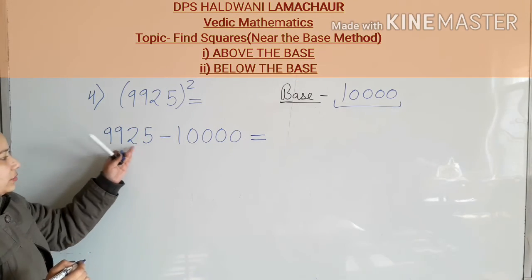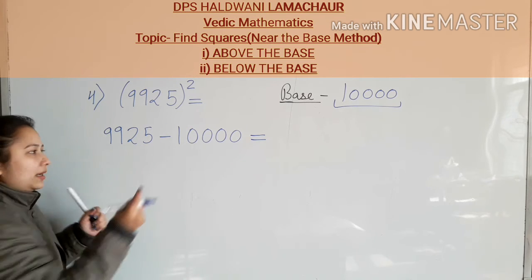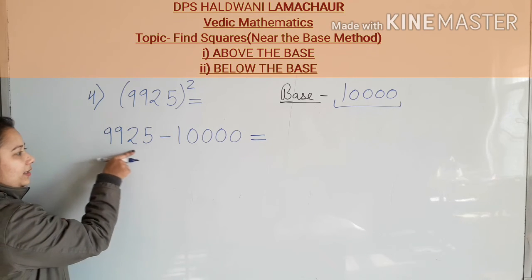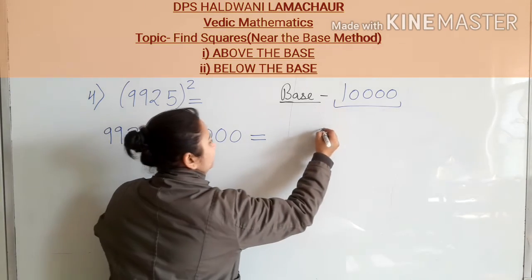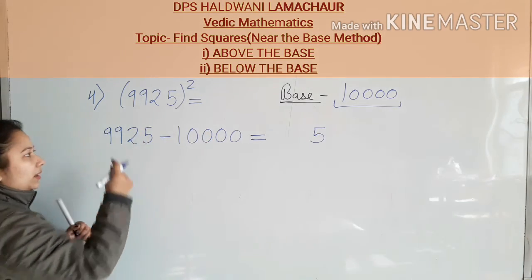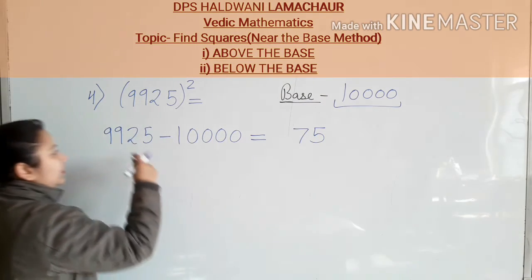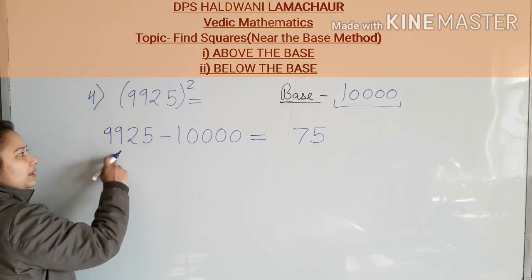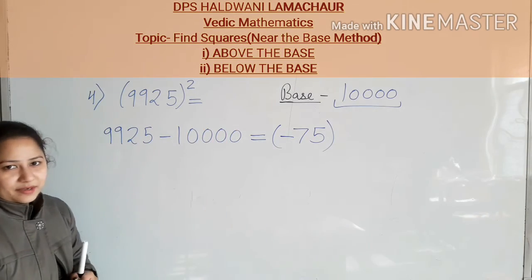Now 9925 minus 10000. Now use the method last from 10 and others from 9. Now 10 minus 5, 5. Now 9 minus 2, 7. 9 minus 9, 0. 9 minus 9, 0. So your answer is minus 75.